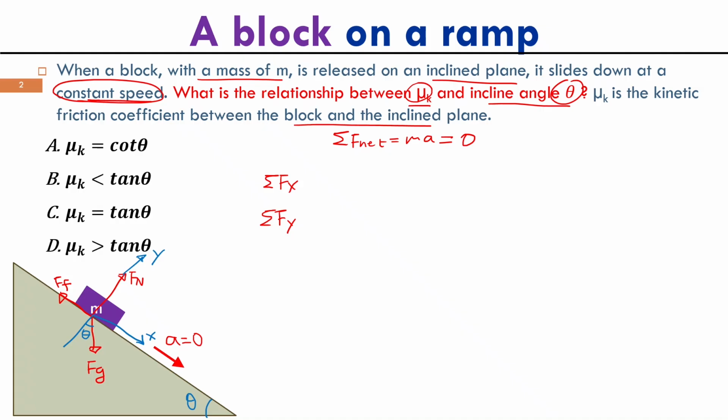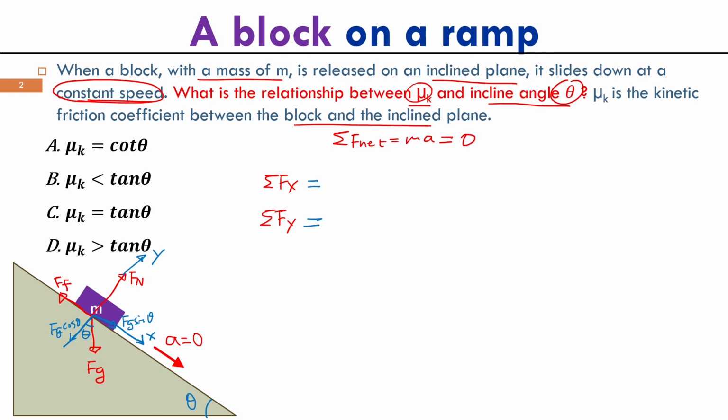Then I can decompose gravity into a component parallel to the ramp, which is Fg times sine theta, and a component perpendicular to the ramp, which is Fg cosine theta. Knowing this, I can find my net external force along the x and y directions.